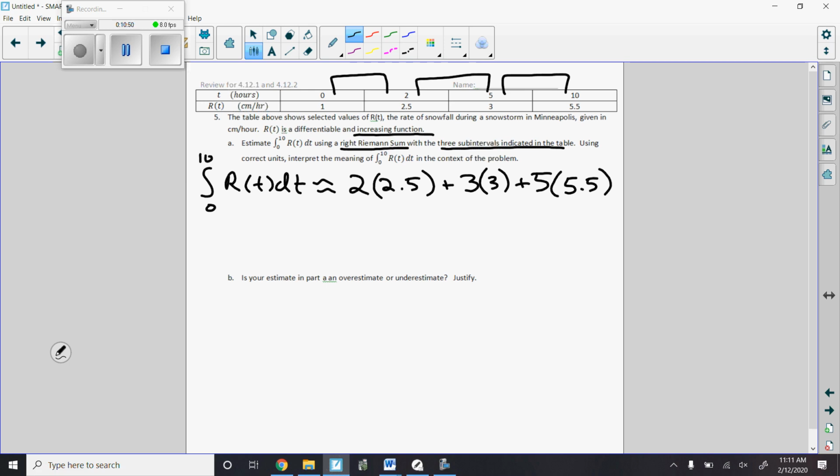subintervals. Okay, now 2 times 2.5, I just know that that's 5. 3 times 3 is 9. 5.5 times 5, I'm going to just double check that.